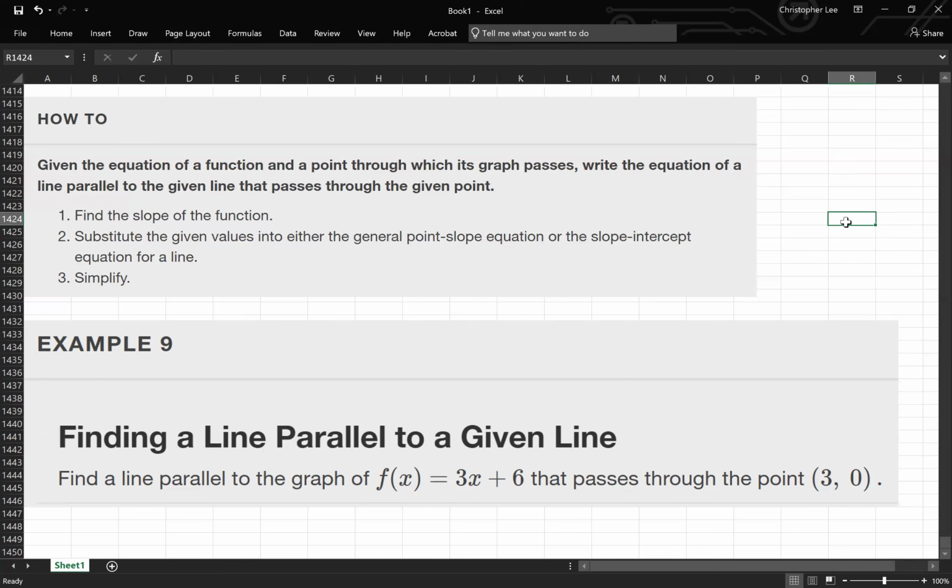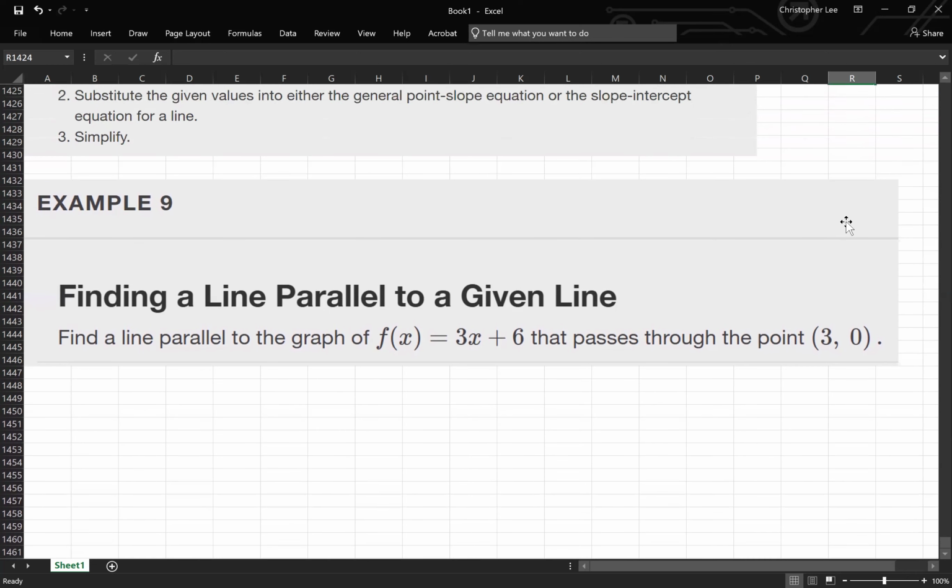So finding a line parallel to a given line, right? Find a line parallel to the graph of f of x is equal to 3x plus 6 and passes through the point 3 comma 0. So if this is parallel, what's my slope?